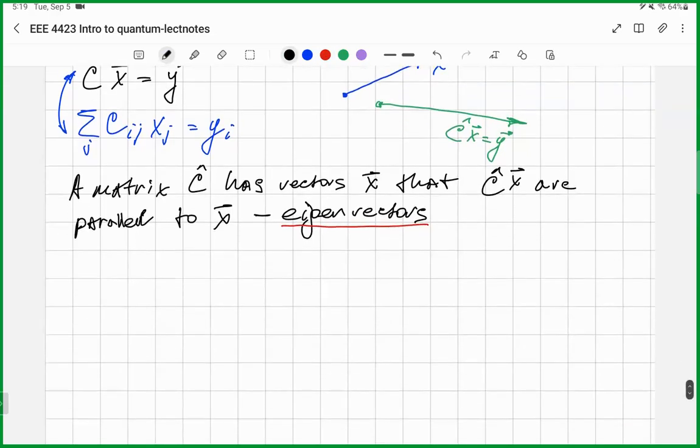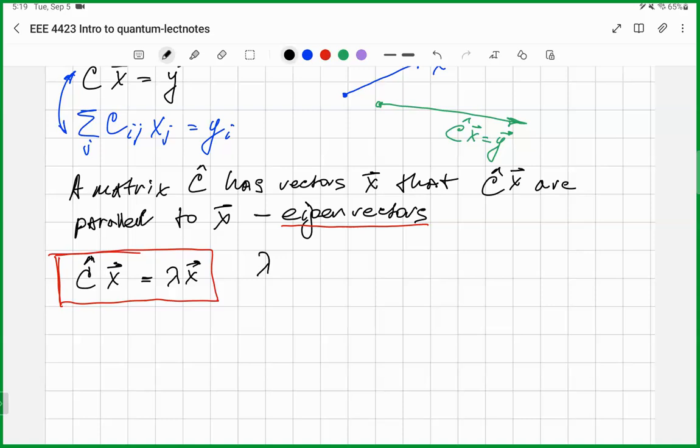What it means is that the application of this matrix or operator on this vector creates another vector in the same direction, but probably changed in length. It means that in the output we get the same vector, but multiplied by this scaling factor lambda. And this lambda is the eigenvalue of the matrix.